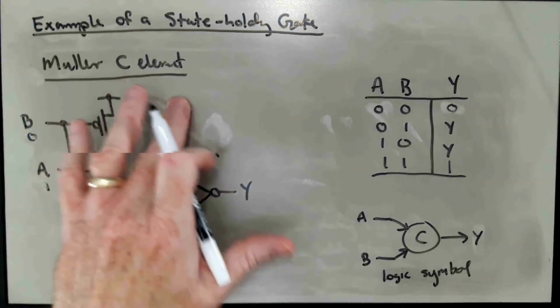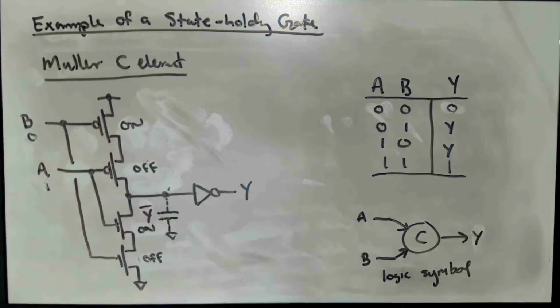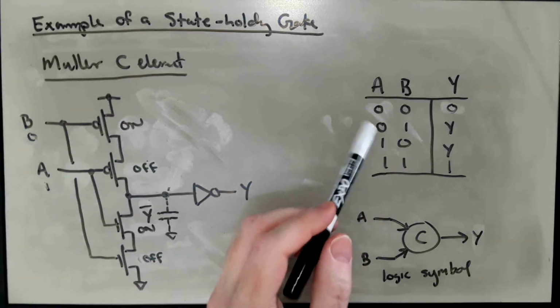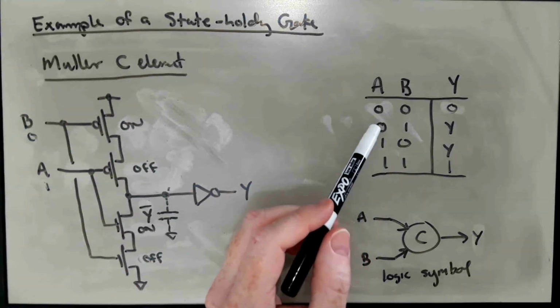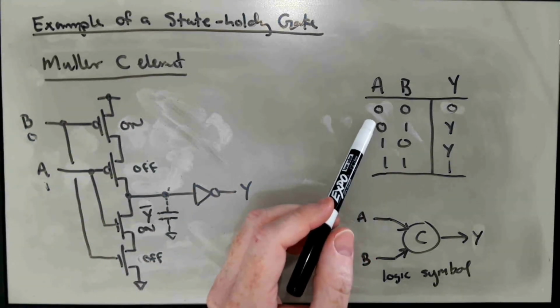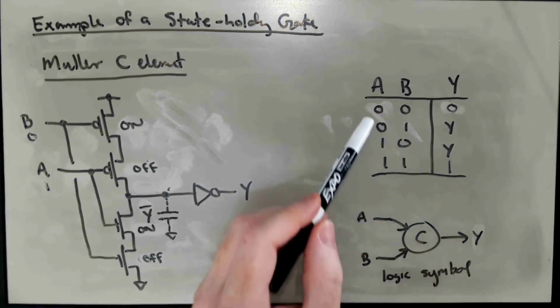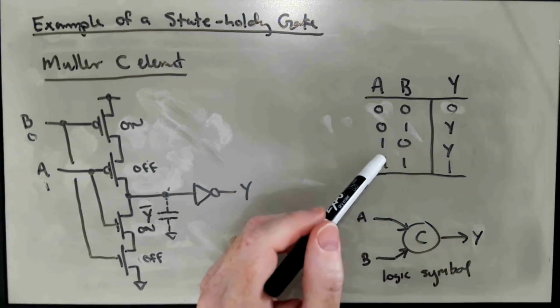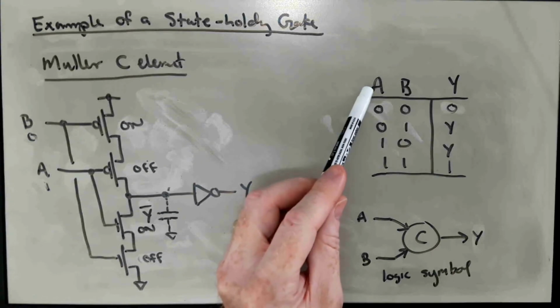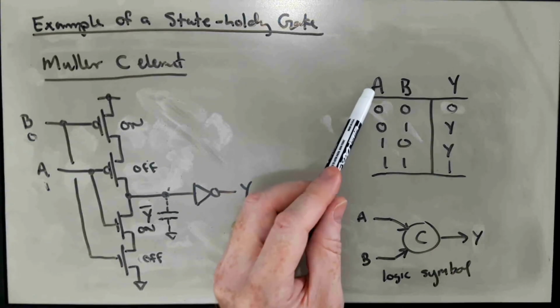Okay. But what's this thing used for? Well, what happens is this type of gate is used to establish a consensus among the inputs. So the output transitions only after it's seen both transitions on the inputs in one direction.